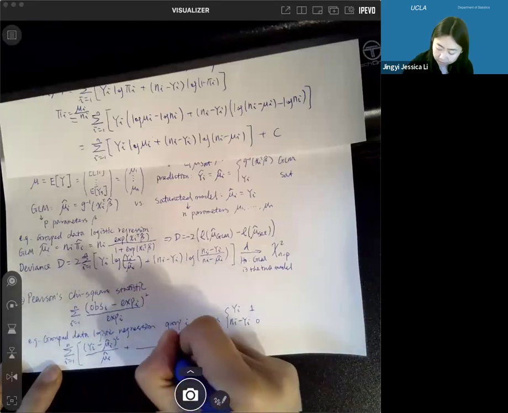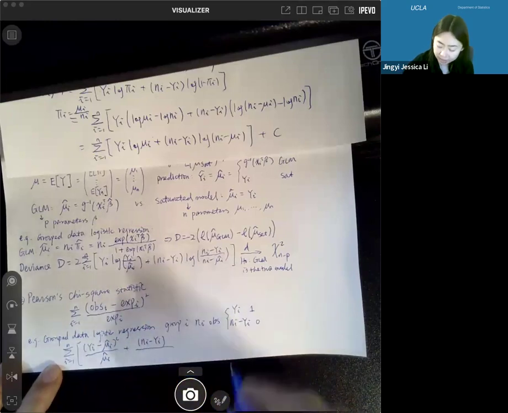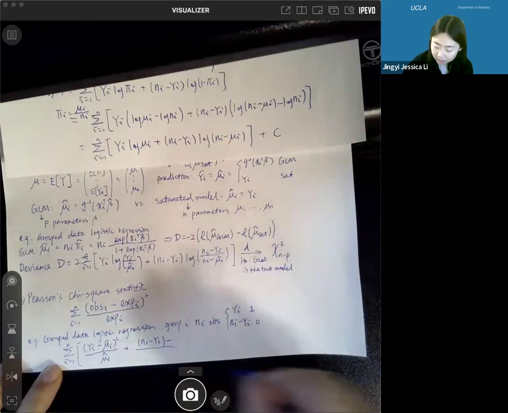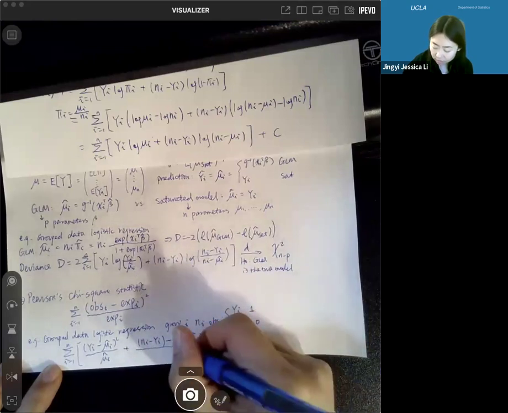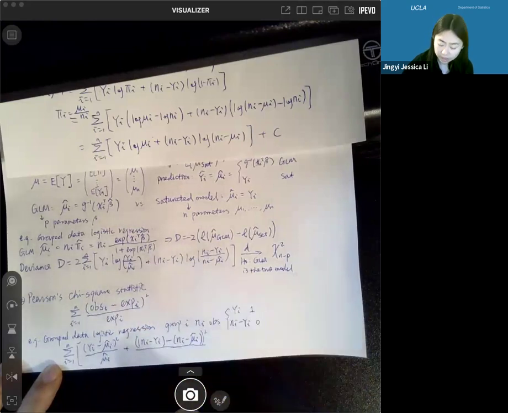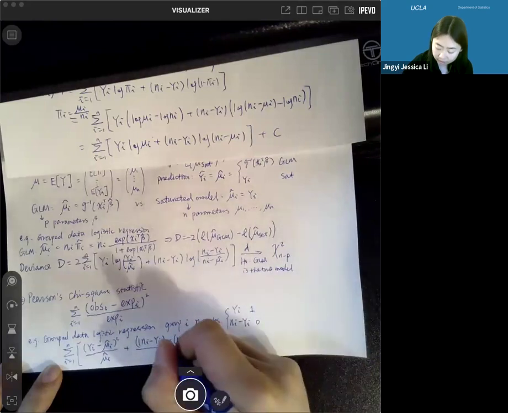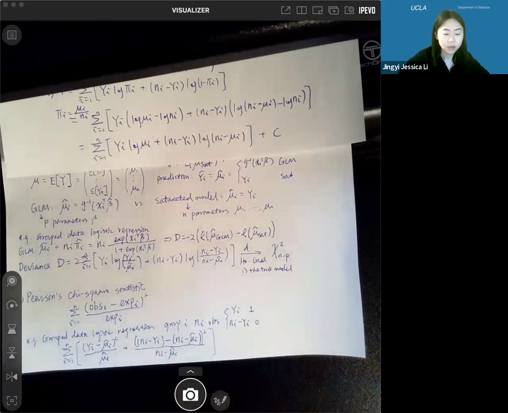There are ni minus yi zeros, and the expectation of that is ni minus mu i hat zeros. Again, we take the square of the difference, and the expected value is ni minus mu i hat. We take the sum. This is what we call the Pearson's chi-square statistic for group data logistic regression.